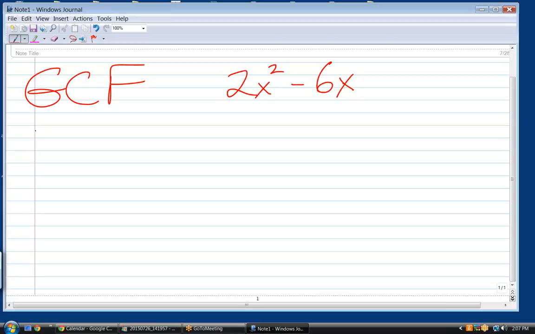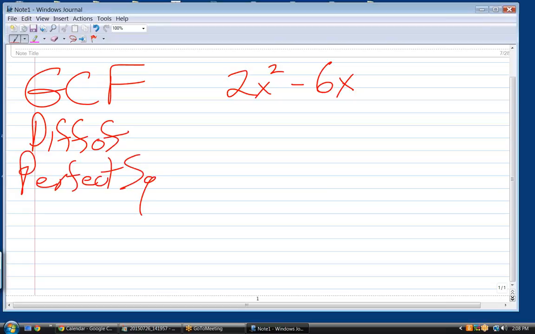There's another one called difference of perfect squares. Which I call dopes.